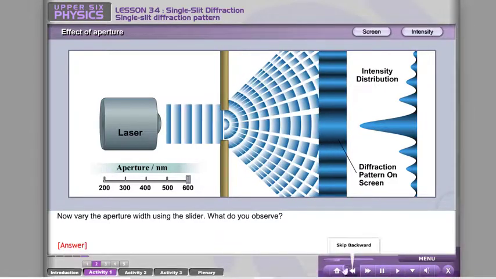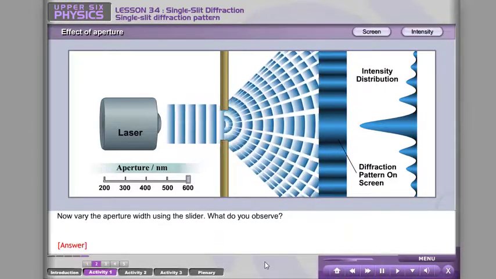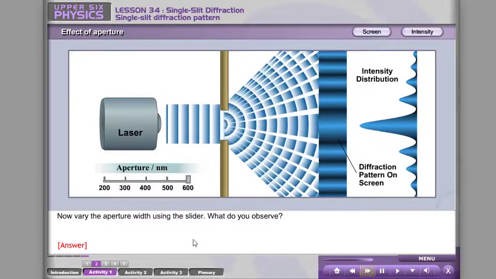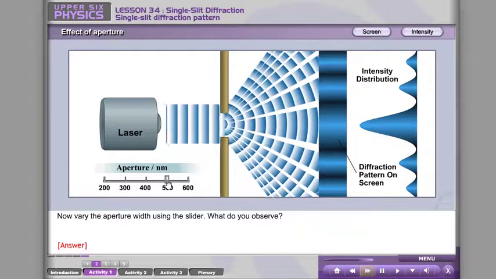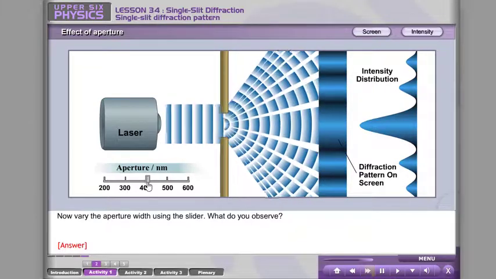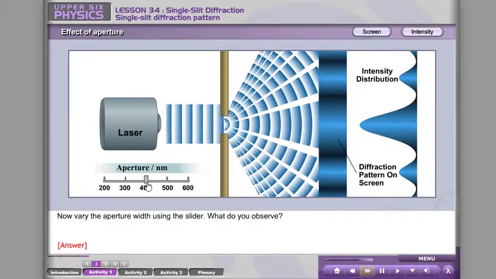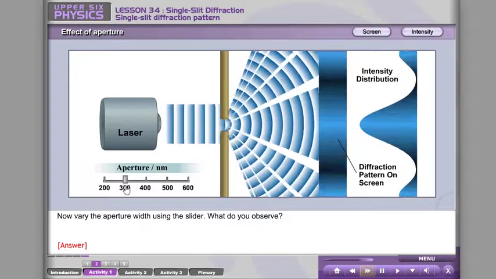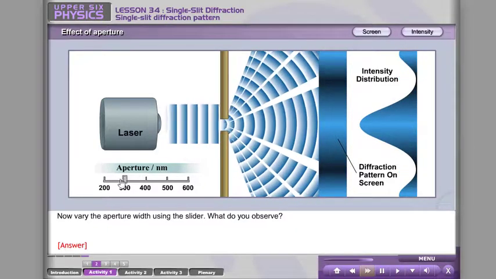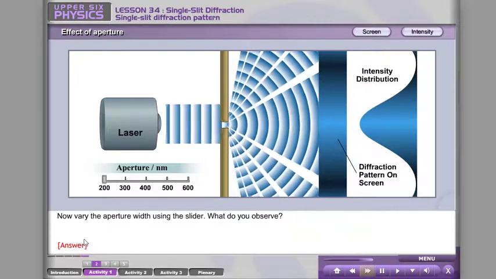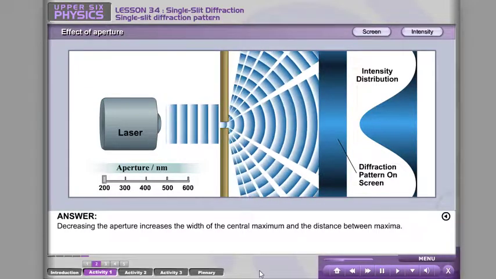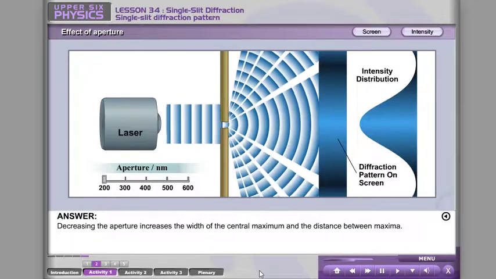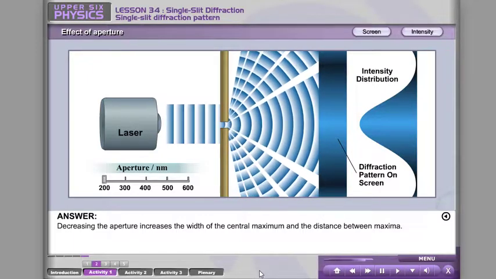Now vary the aperture width using the slider. What do you observe? Answer: decreasing the aperture increases the width of the central maximum and the distance between maxima.